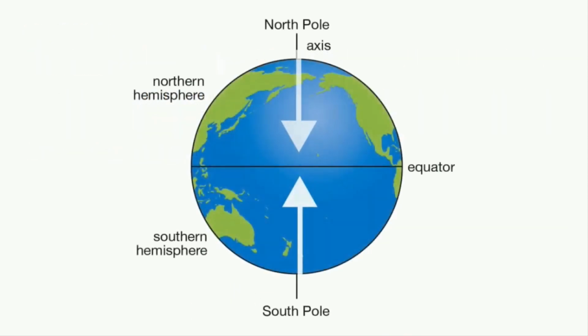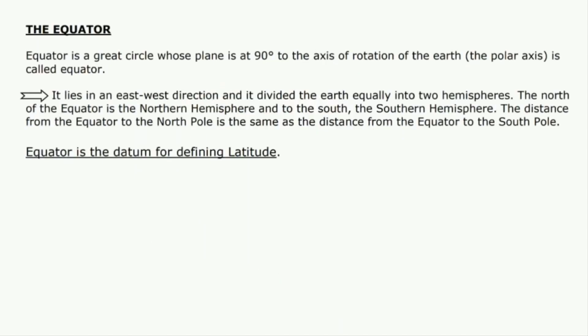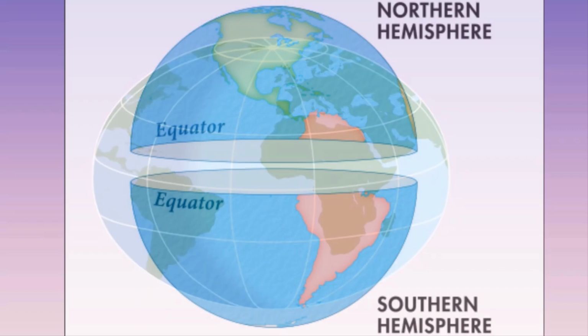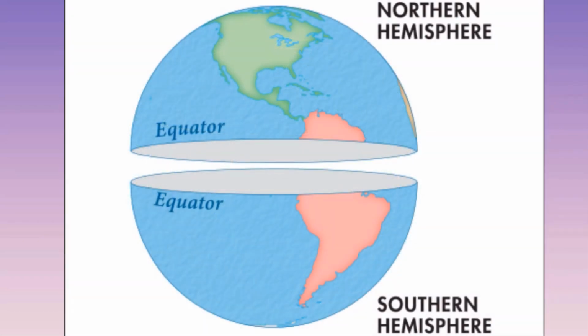The distance from the equator to the north pole is the same as the distance from the equator to the south pole. The equator is the datum for defining latitude. So we can say the equator is 0 degrees latitude. In the next video we will learn about latitude also. The earth cut into two halves: the top is the northern hemisphere and the bottom is the southern hemisphere, and the line joining the two halves is called the equator.